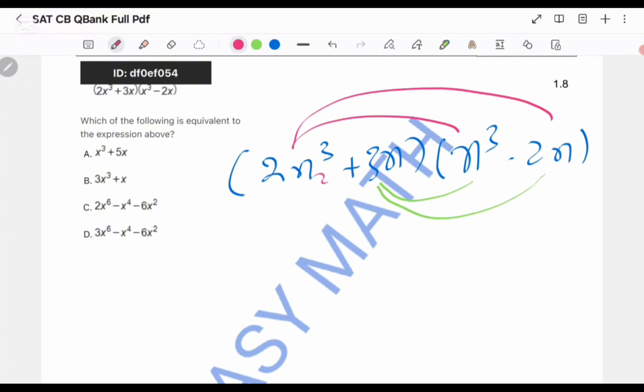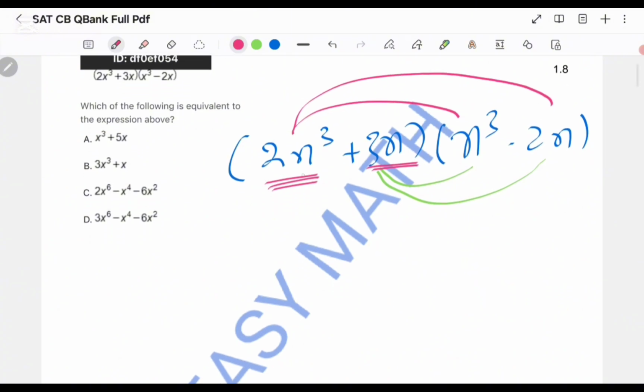So it needs to be that you're multiplying each one of this bracket with each of the other one. So if you multiply 2x cubed by x cubed, you're gonna have 2x power 6. And if you look at the answer choices, this doesn't exist anywhere, only in C.